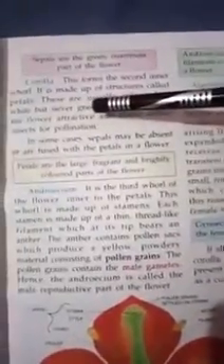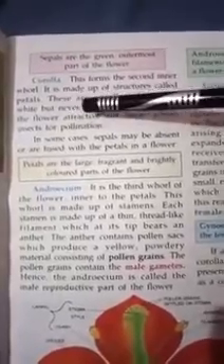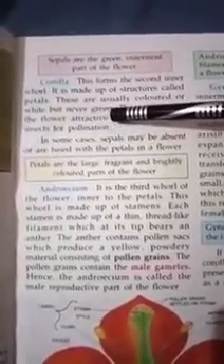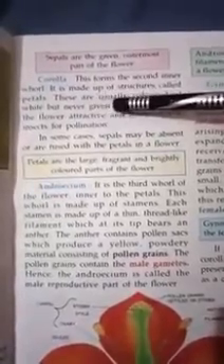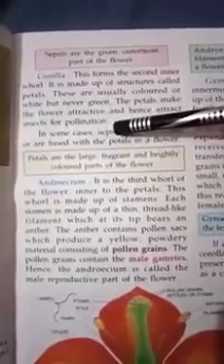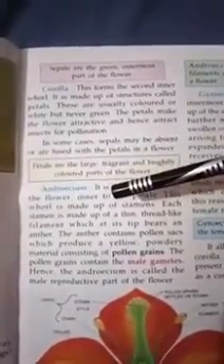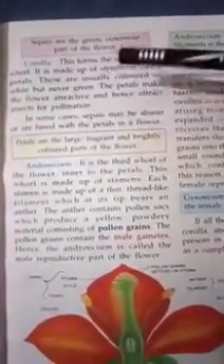It is made up of structures called petals. These are usually colored or white, but they are never green. So do remember this, underline this also. The petals make the flower attractive and hence attract insects for pollination, and by the help of pollination the flower changes into a particular fruit.